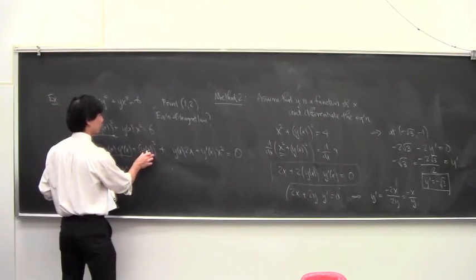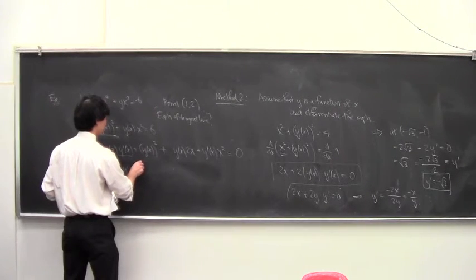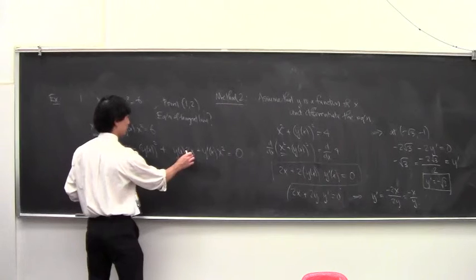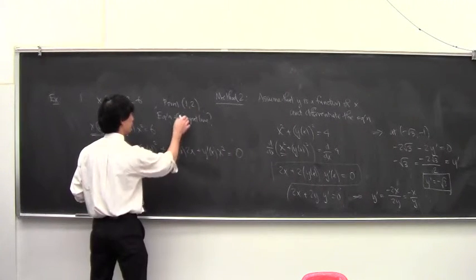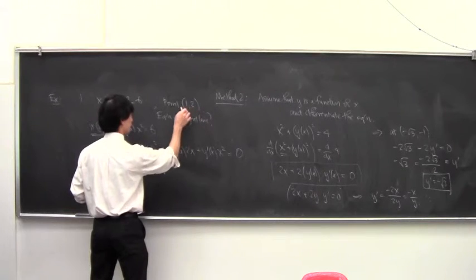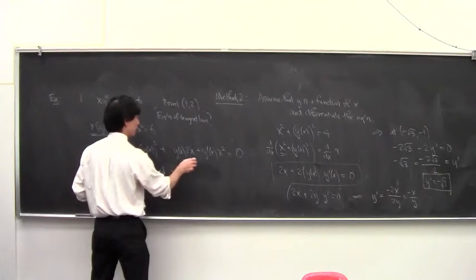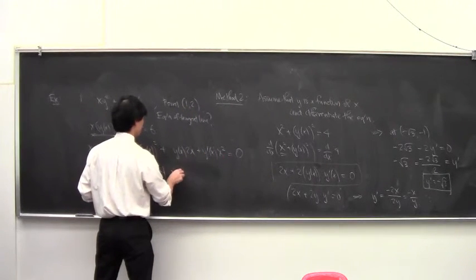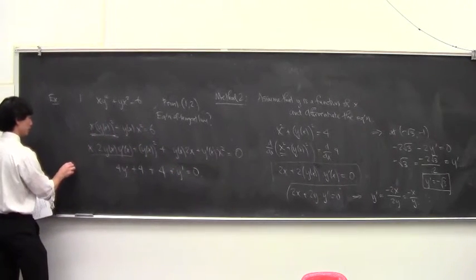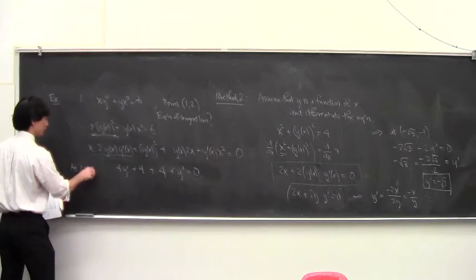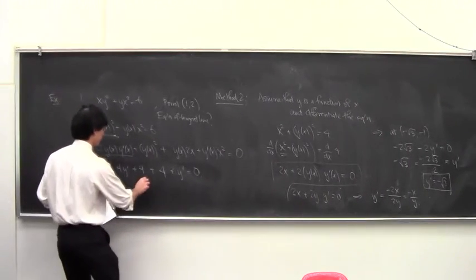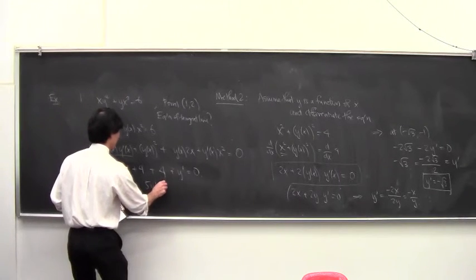We get y squared, 2 squared is 4, plus 2xy, so that's 4 again, 2 times 1 times 2 is 4, plus x squared, that's 1 times y prime equals 0. So at (1, 2), we get that 5y prime equals negative 8.